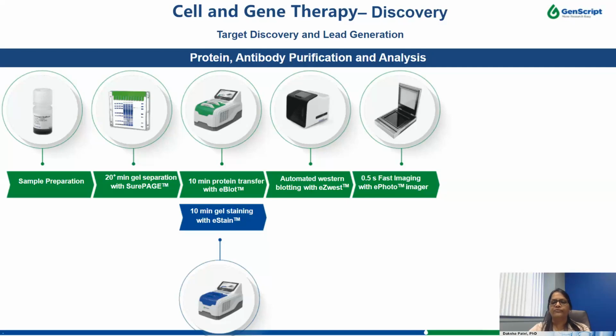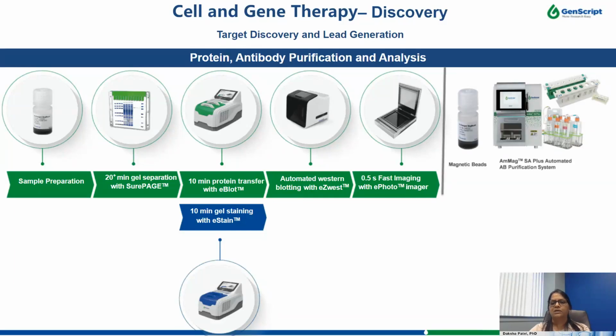For that, we're providing a full range of high performance tools, including the precast gel, protein transfer system, gel staining system, automated Western blotting system, and also the automated protein and antibody purification system, MMAC Assay Plus, which uses magnetic bead technology to purify the protein and antibody.